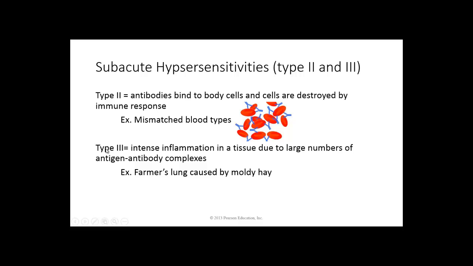A type 3 reaction would be inflammation primarily that is caused by antibodies binding to foreign antigen in a body tissue, for example in the lungs, and that causes an immune response causing lots of inflammation and trouble breathing. So farmer's lung, which is caused by exposure to moldy hay, is an example of a type 3 hypersensitivity.